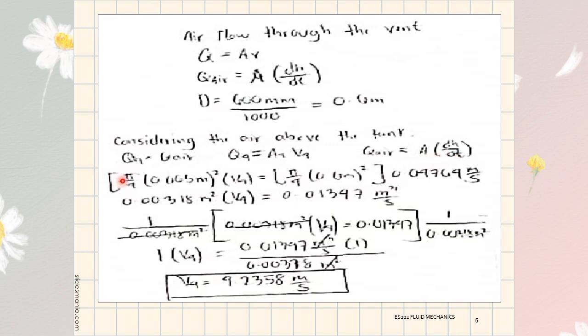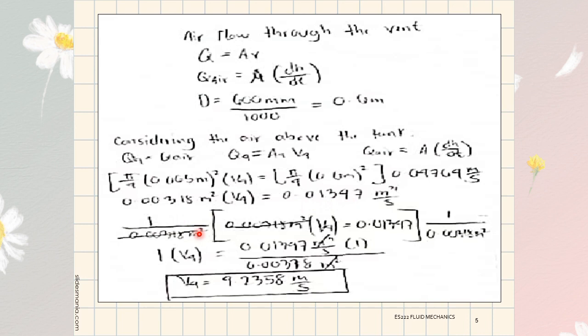We need to substitute the given D. So pi over 4 times 0.065 meter raised to 2 times V4 equals pi over 4 times 0.6 meters raised to 2 times 0.04764 meter per second, times 0.00318 square meters, and times V4 equals 0.01347 cubic meters per second.